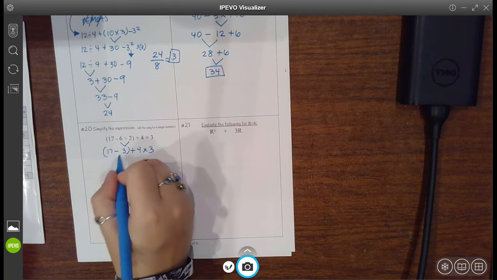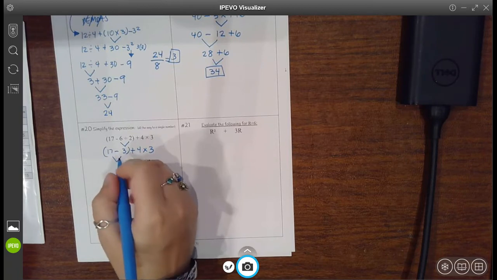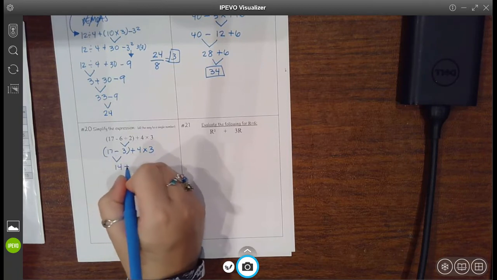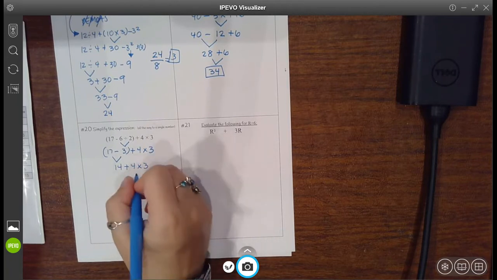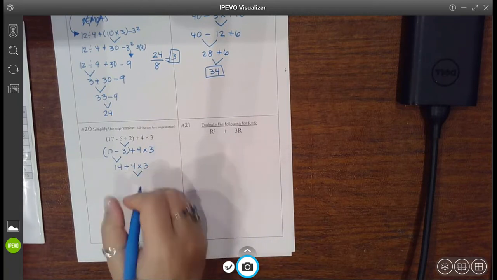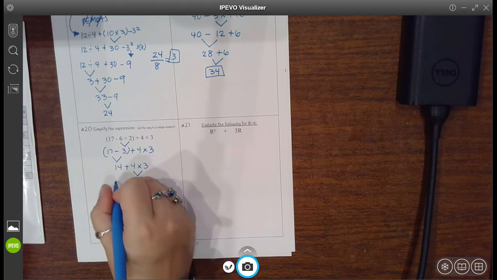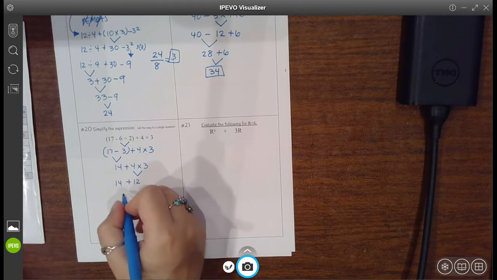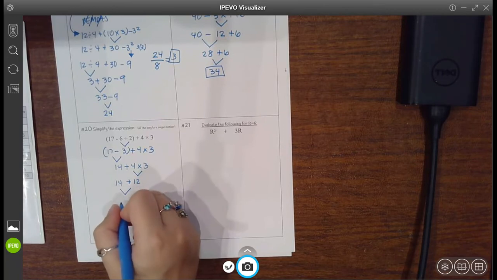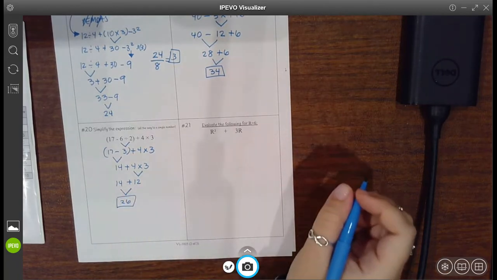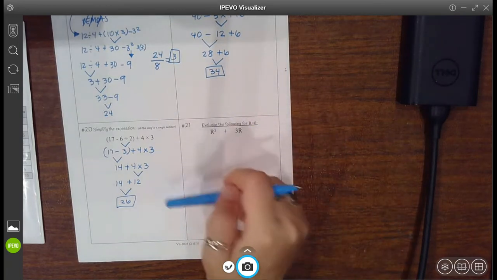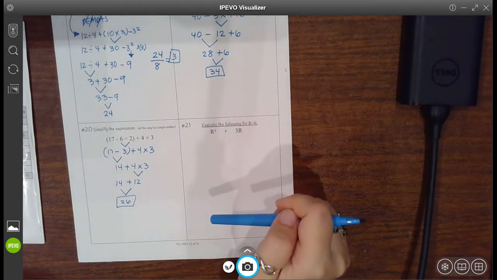Okay, still have parentheses to get down to a single number, and that makes 14. Okay, parentheses are gone. Exponents are gone. Multiplication or division, right there. That makes 12. And now I finally just have 14 plus 12, which is 26. Okay, that was me simplifying with PEMDAS.